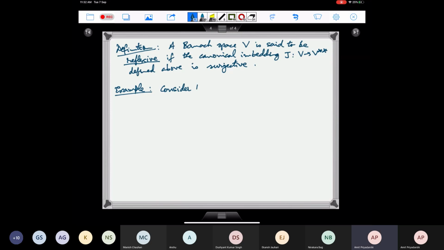Consider the Banach space l^p for p between 1 and infinity. So we are not including the p equal to 1 and p equal to infinity cases here.